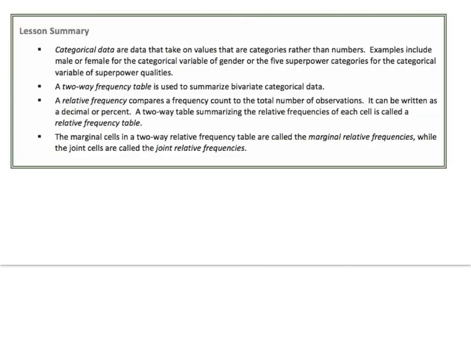So, lesson summary. Categorical data is data that takes on values that are categories rather than numbers. Examples include male or female, superpowers, etc. A two-way frequency table is used to summarize bivariate categorical data. Relative frequency compares a frequency count to the total number of observations. It can be written as a decimal or a percent.